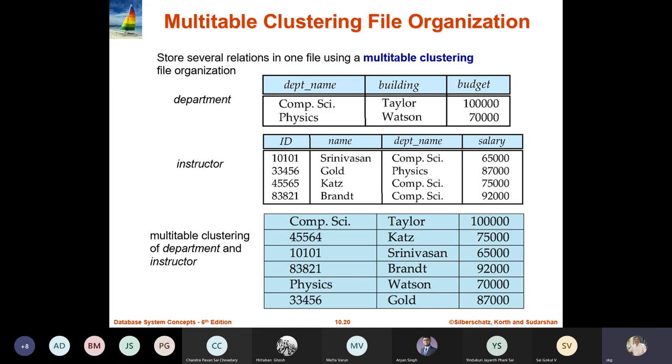While storing, they are stored together in a multi-table structure, for example Computer Science followed by the instructors of that department. From the instructor table and the department table, we are trying to store them in a single structure.